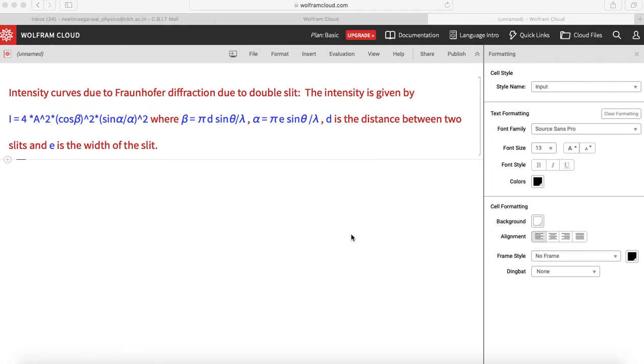Okay, in the last lecture we discussed the Fraunhofer diffraction due to a single slit, and we saw that the resultant intensity is I equals (sin alpha by alpha) whole square.